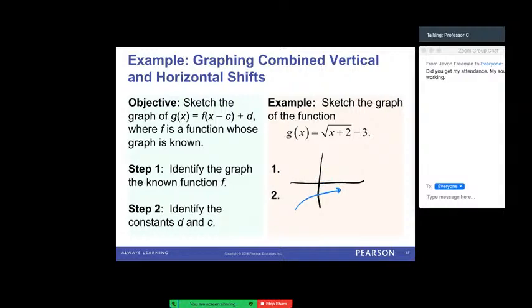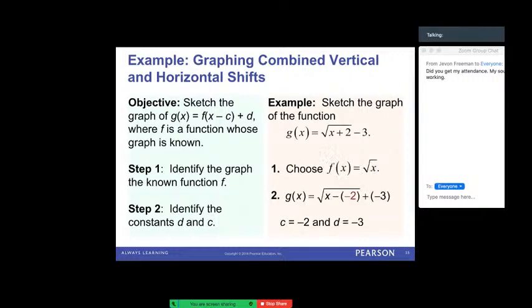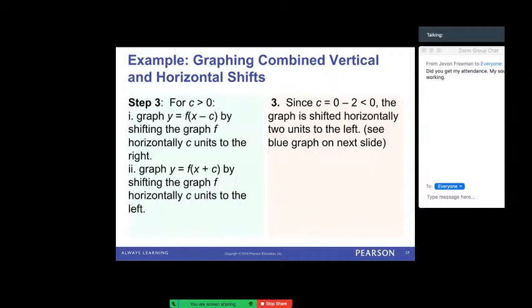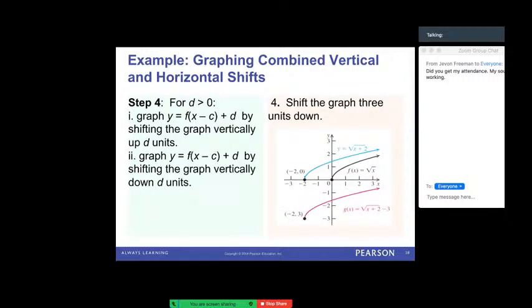We should get a final graph something similar to this. So you see here, right? 2 units to the left, 3 units down.